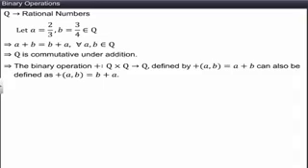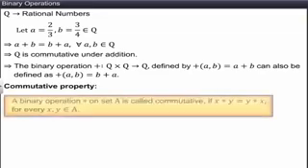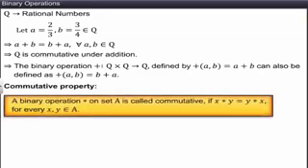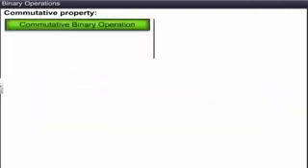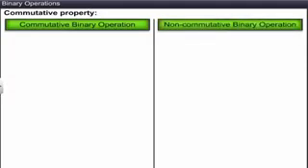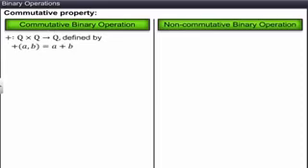This discussion leads us to a definition. A binary operation star on set A is called commutative if x star y is equal to y star x for every x and y belonging to the set A. Hence, the function addition from Q cross Q to Q, defined by plus of A comma B is equal to A plus B, is a commutative binary operation.